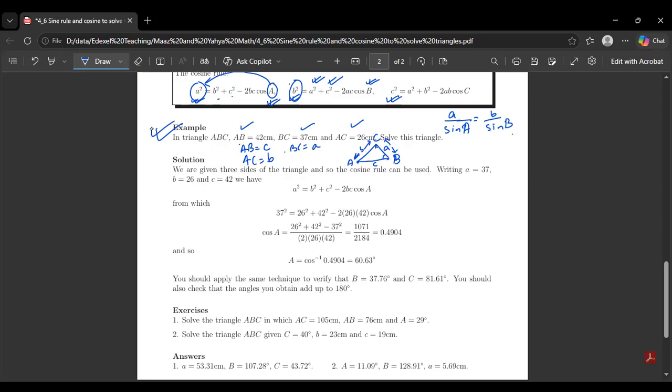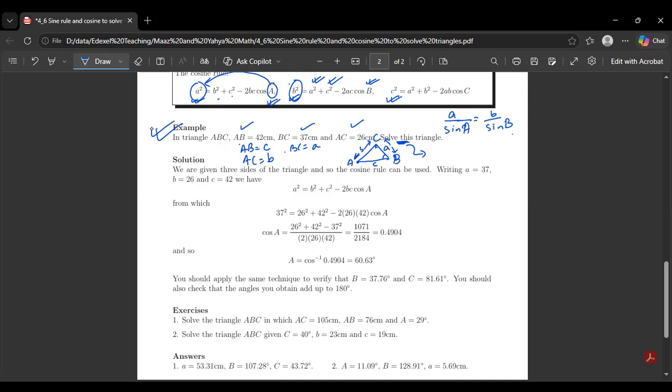First of all, recall this concept whenever we talk about solving the triangle. Solving the triangle means that all the unknown values of the triangle should be known, right? That means the three sides and three angles have to be known to us.